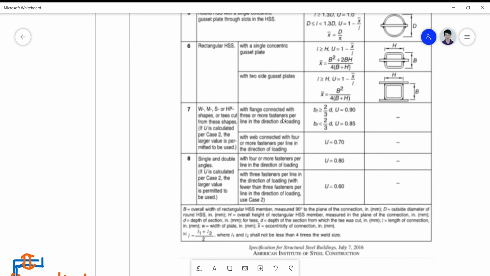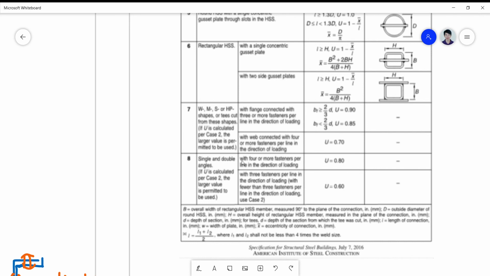Okay, so it has something to do with how many fasteners are connected. Okay, so we have here 4 or more fasteners, and here we have 3 fasteners. So you just look into the situation where it will fall and just get the value of U directly from the table.